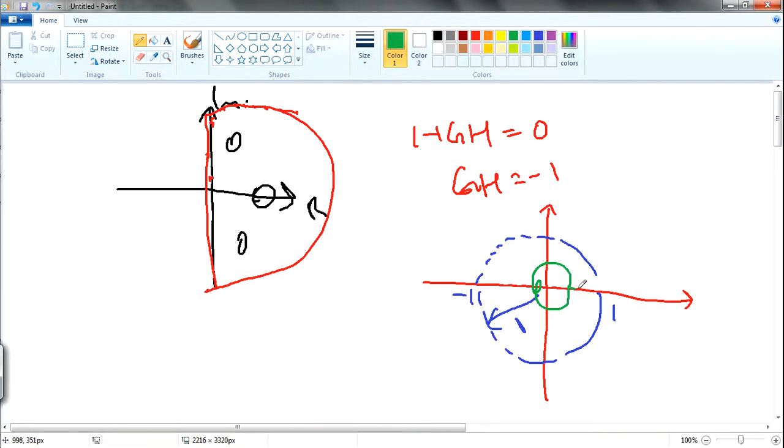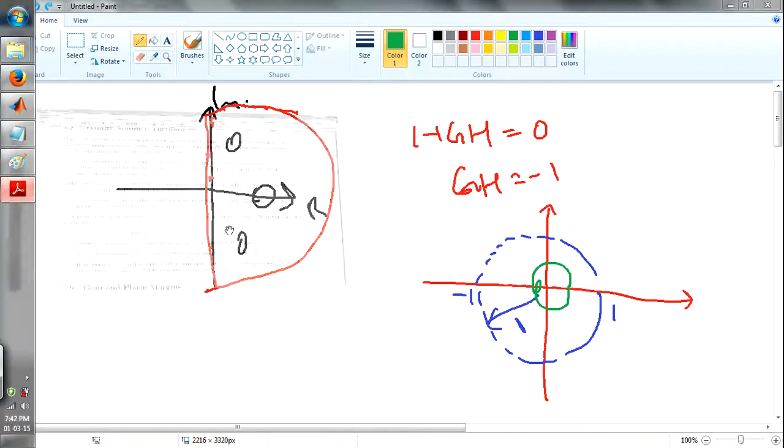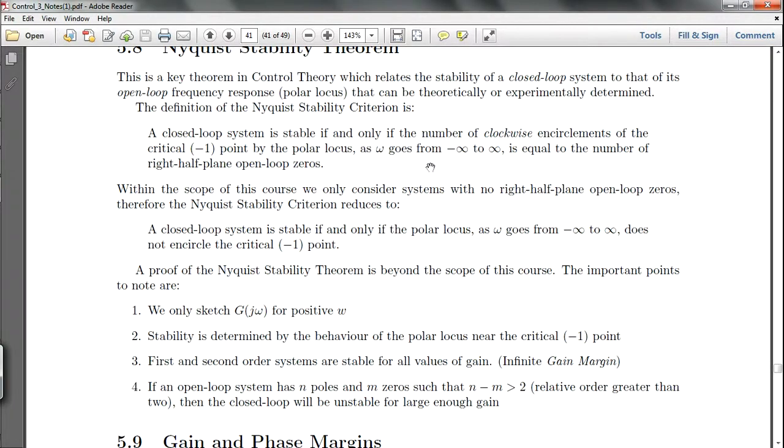If your Nyquist plot is like that and it encircles the negative 1, this is simply unstable. If your Nyquist plot stays within this minus 1, it should always be safe.